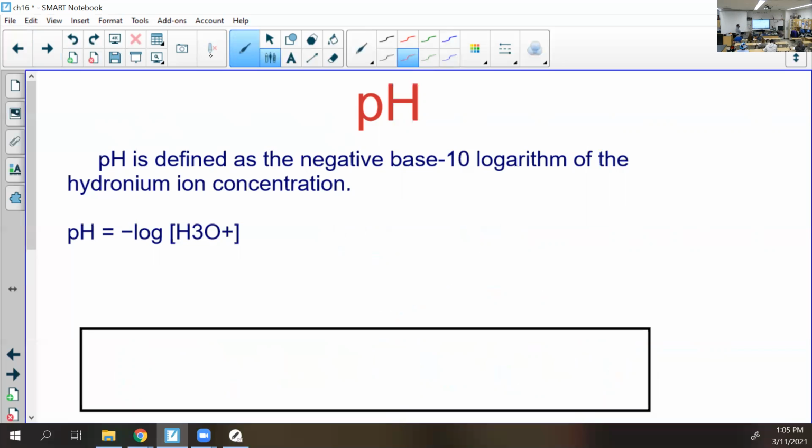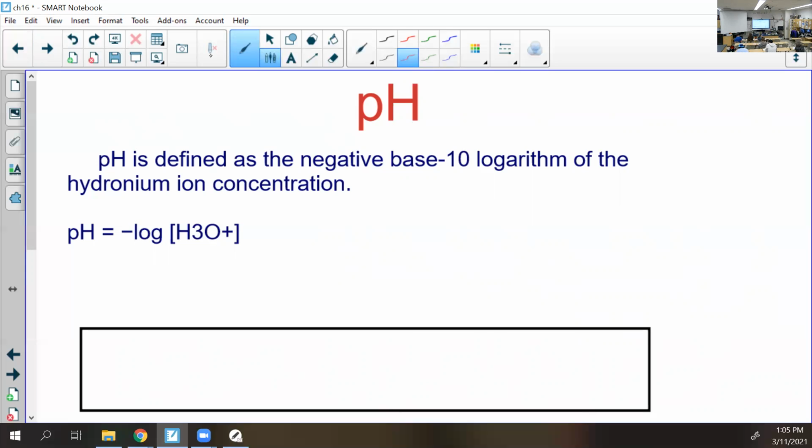The negative. And once again, that's so that pH will be a positive value. Does that make any sense? Now, the base 10 is kind of redundant because if it just says log, log is to the base 10. So I don't really need to add both of those.